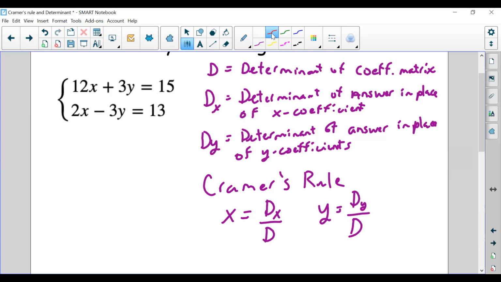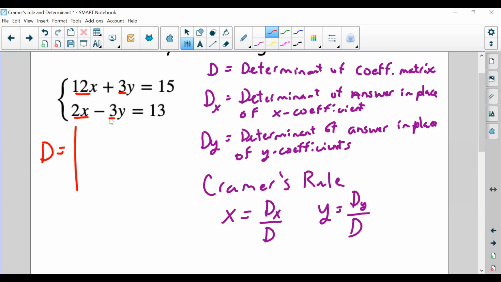To set this up, first thing you need to do is figure out what the determinant of your coefficient matrix is. So I'm going to call this matrix D, or determinant D. And that's going to be equal to, and these are your coefficient matrix. So I'm going to take the coefficients of each of these and just write them down.